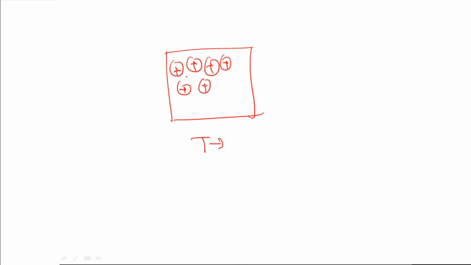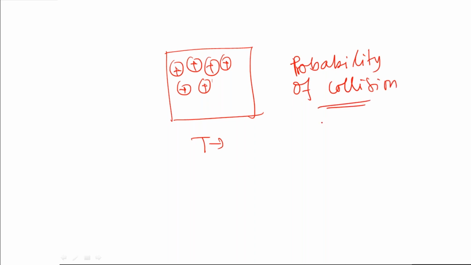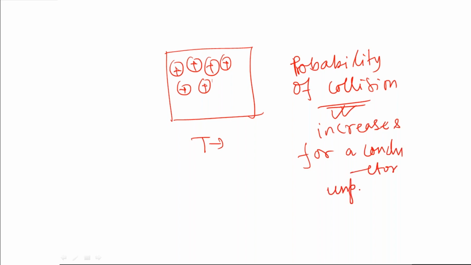If I give more energy to the electrons, they will move with more velocity, and the probability of collision increases for a conductor upon heating.